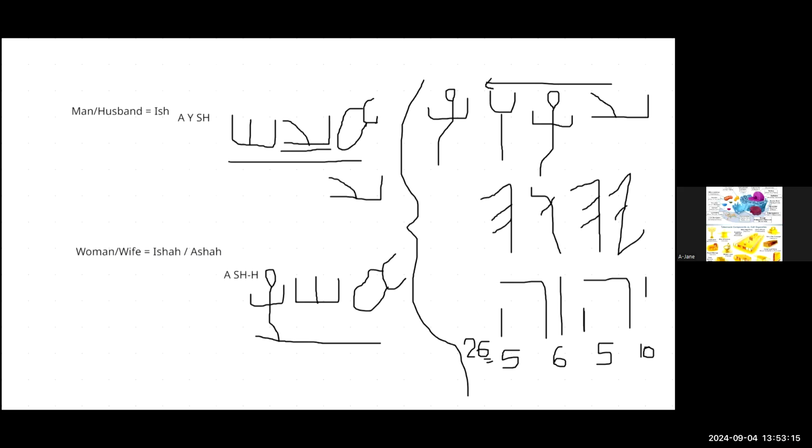And then looking at the Isha, the wife, the woman, we have this letter. So the two different letters that we have in the Ish and Isha are the first two letters in the name.